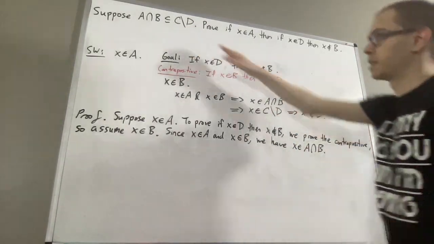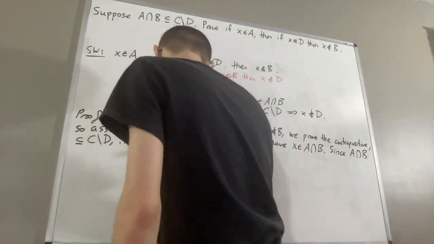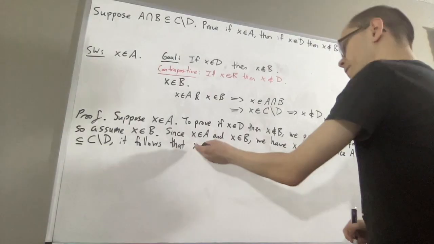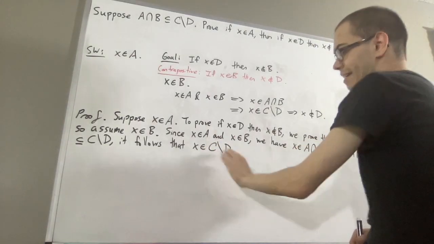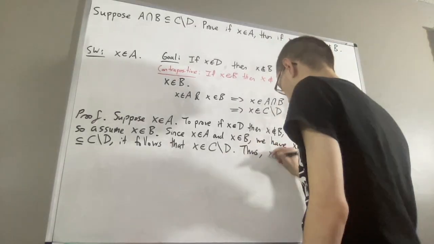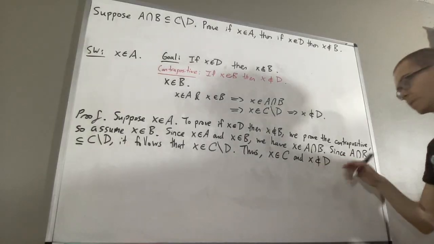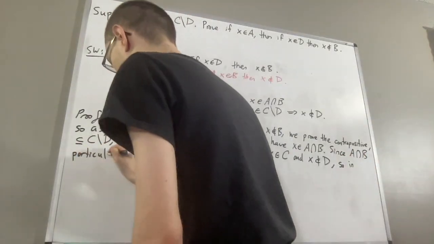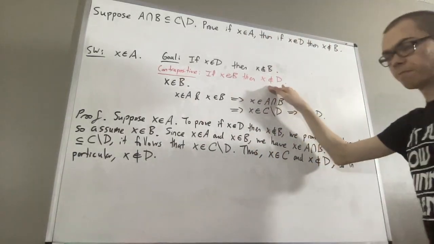So x is an element of C set minus D. What does it mean for x to be an element of C set minus D? That means x is an element of C and x is not an element of D. So in particular, the thing we care about is that x is not an element of D. And so that's what we wanted to deduce, right?